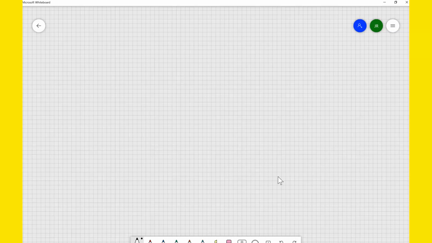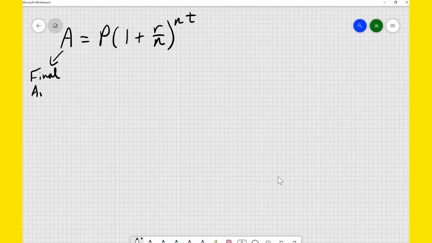So here's the formula. The formula for compounding interest would be A equals P times (1 plus R over N) raised to the NT power. Let me tell you what these variables mean. The A is the final amount.